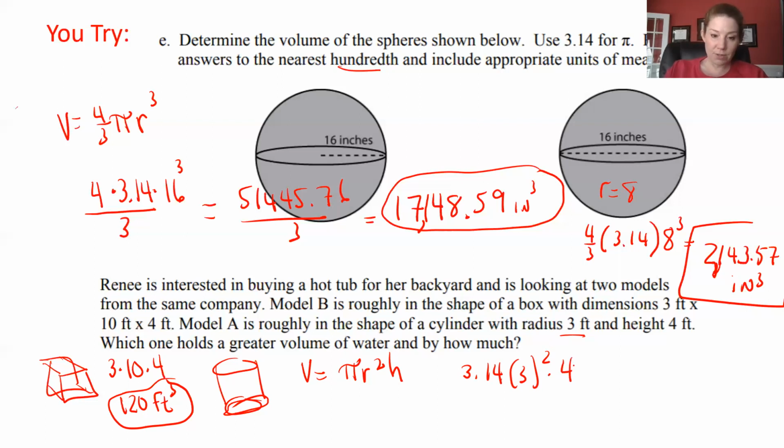So 3.14 times 3 squared times 4 is 113.04 feet cubed. So it says which one holds a greater volume? So it's the rectangular prism that holds the greater volume. And by how much? So we would subtract and we would get what?